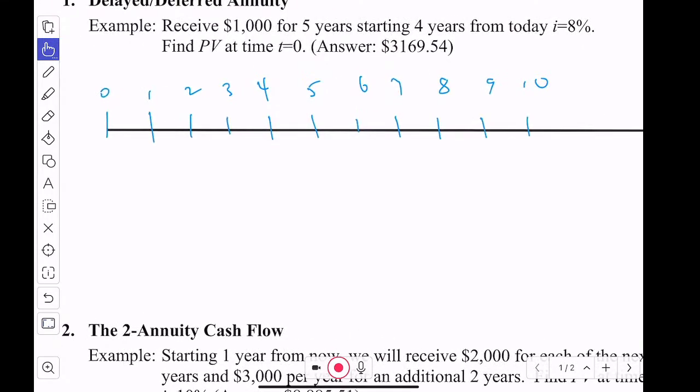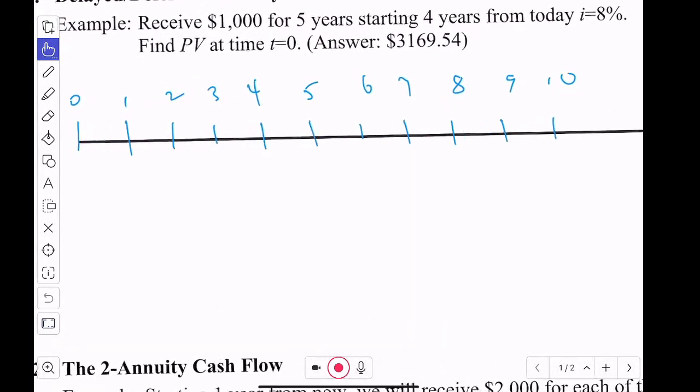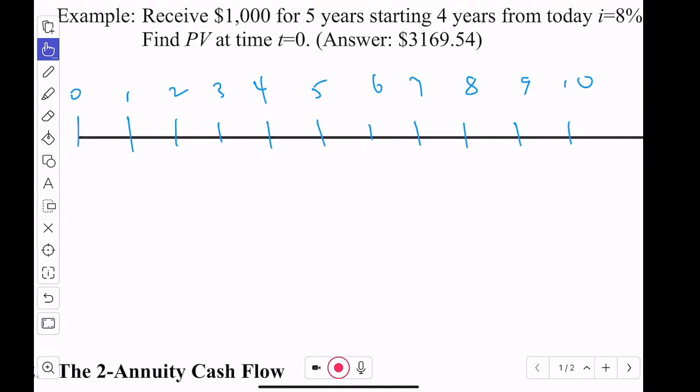So 5 years of $1,000 starting 4 years from today. It means that the amounts will begin here and continue for 5 years.